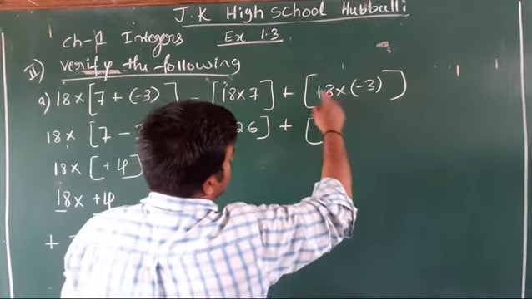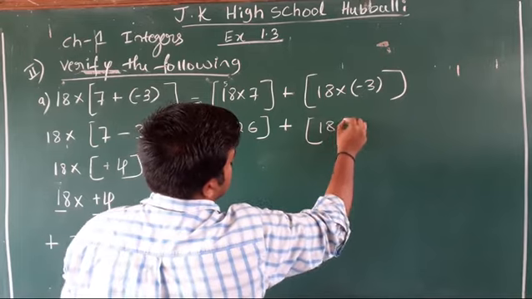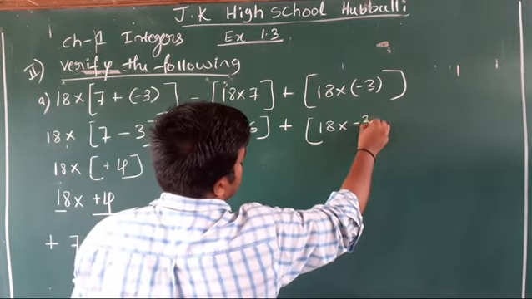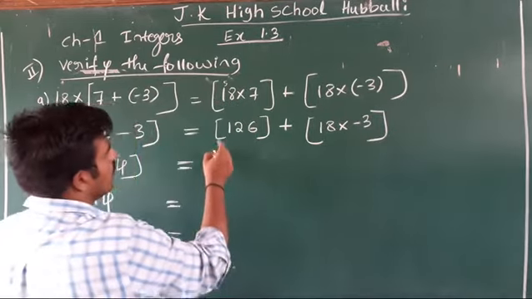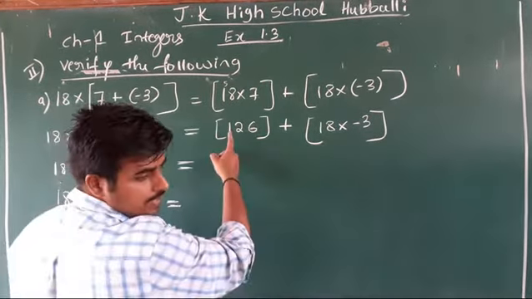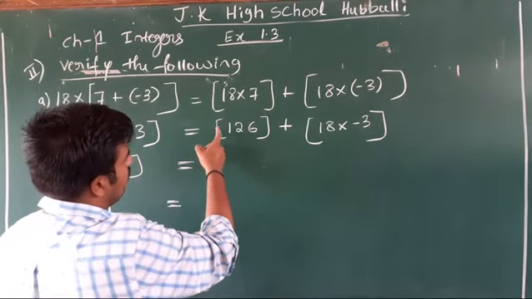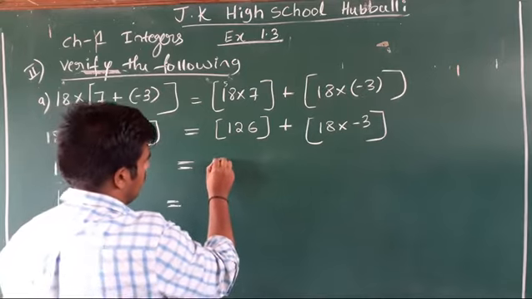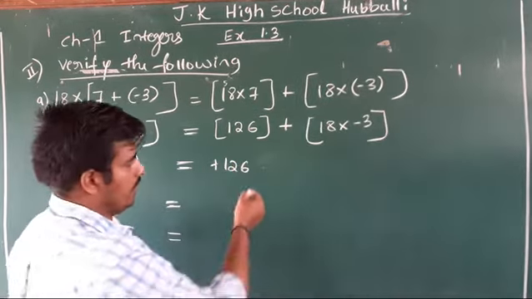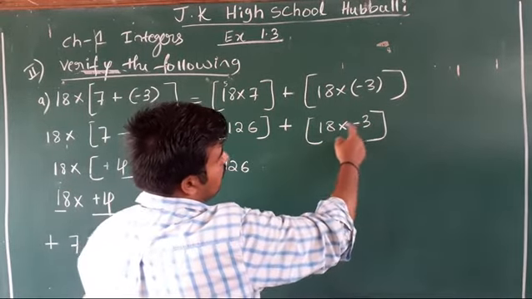Before opening this large bracket, open this small bracket. 18 as it is into as it is, plus into minus is minus, 3 will come outside. Now you can open this bracket because a single answer is inside, plus 126, and if you multiply the outside sign, the bracket will open. Plus into plus is plus, plus 126 came outside.